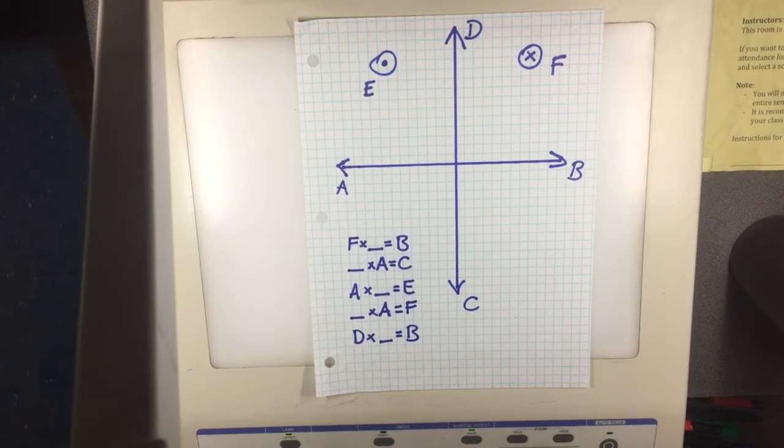So would it be C? It is C. So A is the first vector. I have a choice. I can either go C or D to get the thumb out of the page. To get the thumb out of the page, my hand is naturally in this position already. A cross C, thumb points out, or E.